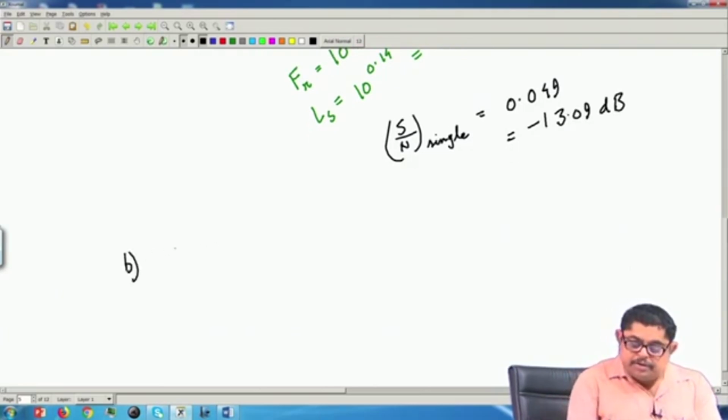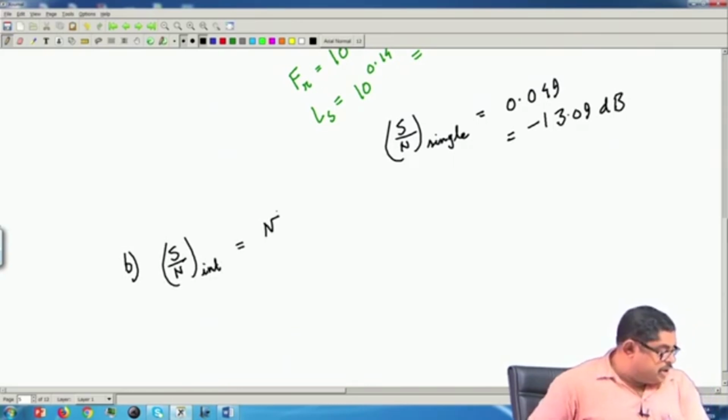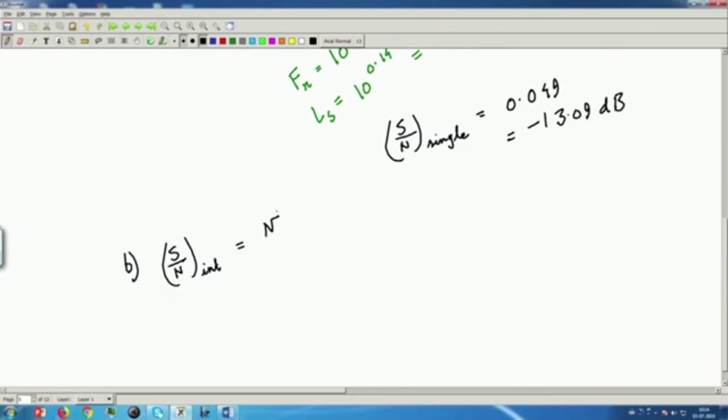So, part B is we are integrating. So, S by N integrated, that time the SNR gets multiplied. Now, the only thing is with an integration loss of 0.8 dB. So, for integration, because if you do not coherently add, there can be a loss.